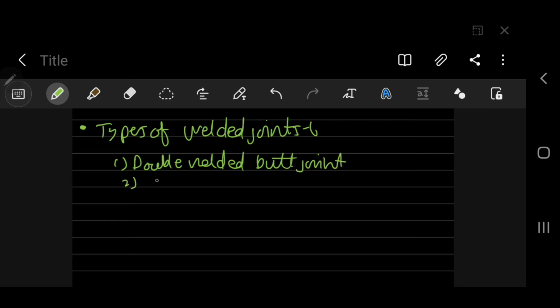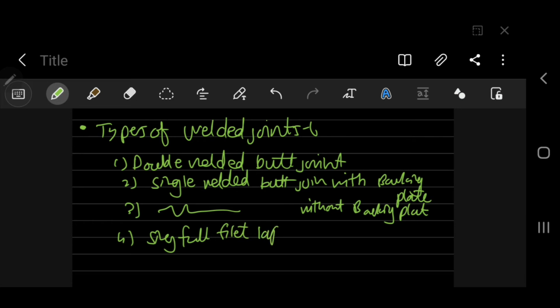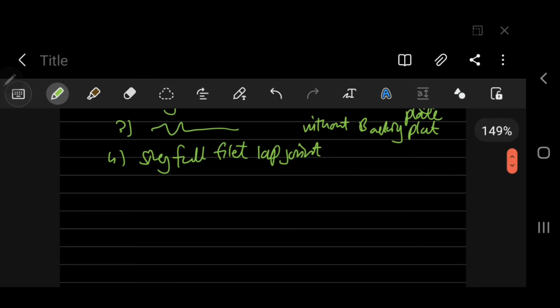Second is single welded butt joint with backing plate, and the third one is single welded butt joint without backing plate. Fourth one is single full fillet lap joint. Only remember this from this second point.